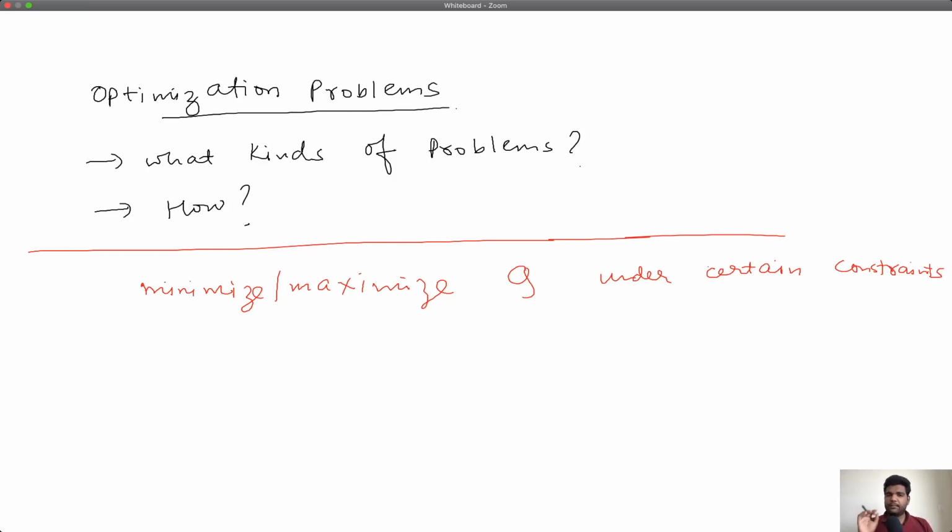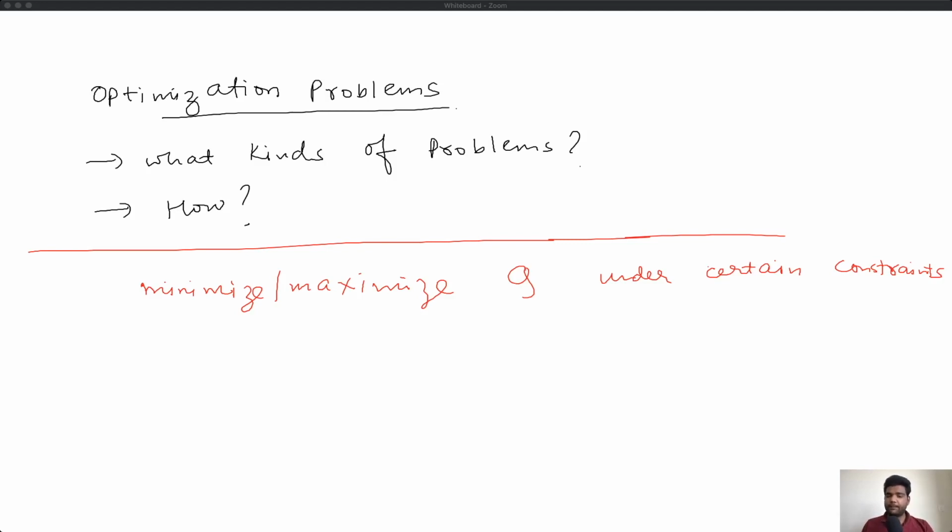Binary search can be applied to a very specific type of optimization problem, which I will just list down right now, but over the course of this video and the next video, we will try and get an appreciation for why this kind of optimization problem can only be solved using binary search.